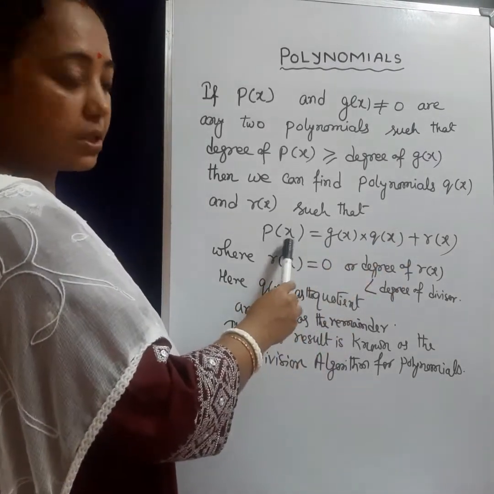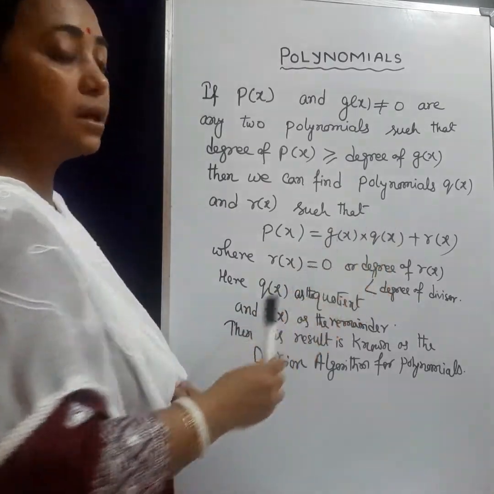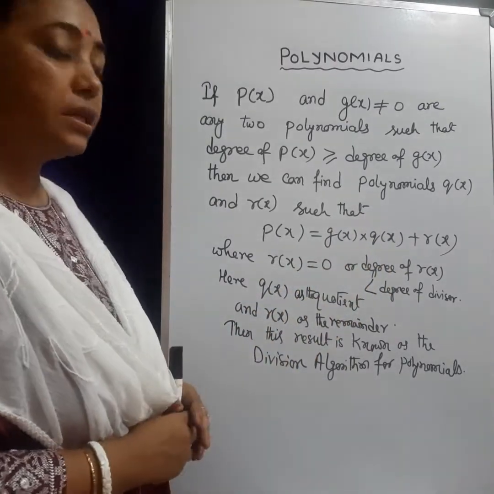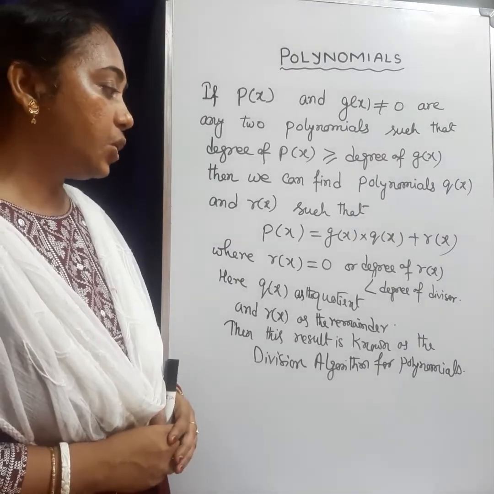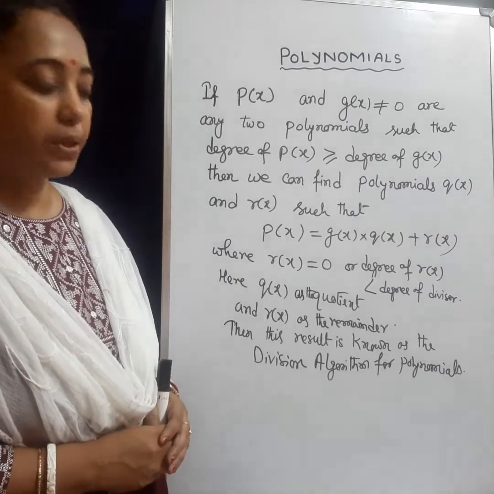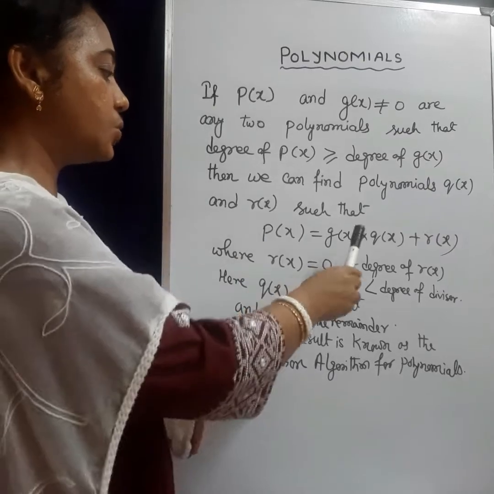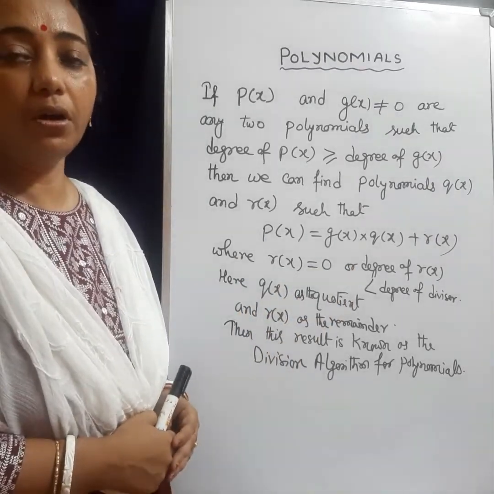That means dividend is equal to divisor into quotient plus remainder. Here the remainder is either 0 or the degree of the remainder is less than the degree of the divisor. This result is known as the division algorithm for polynomials.